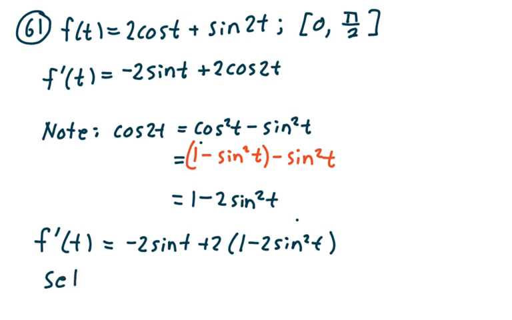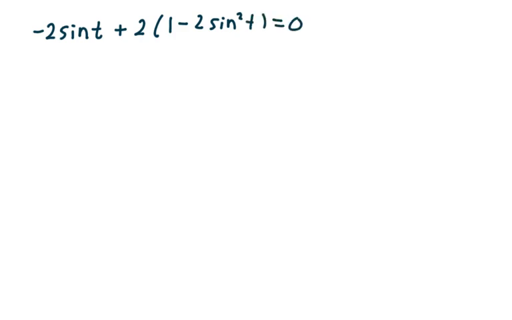And I'm going to set f prime of t equal to 0. So negative 2 sine t plus 2 times 1 minus 2 sine squared t equals 0. And let's distribute the 2.